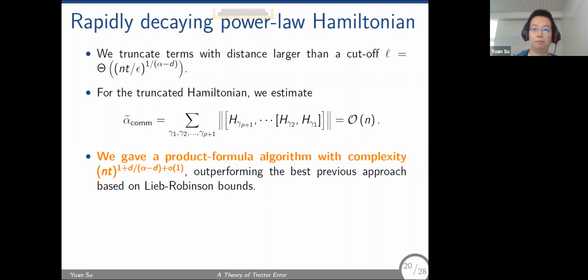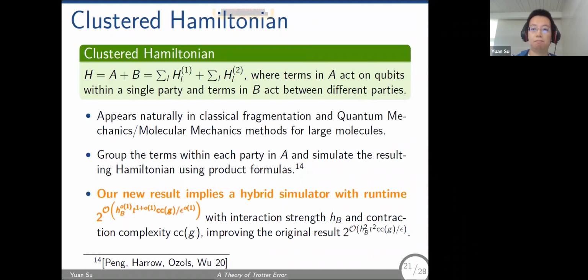Okay, so I can quickly present some of the remaining examples. For example, you can also consider clustered Hamiltonians. In this case, your Hamiltonian is acting on n qubits, and you group the qubits into different groups. You have strong interactions within each group, and weaker interactions between different groups. This is called a clustered Hamiltonian.